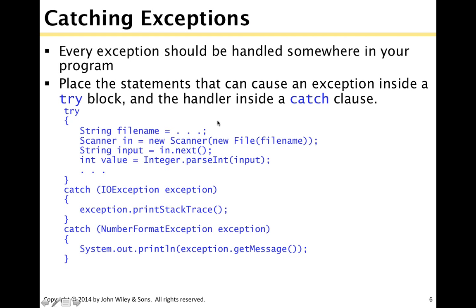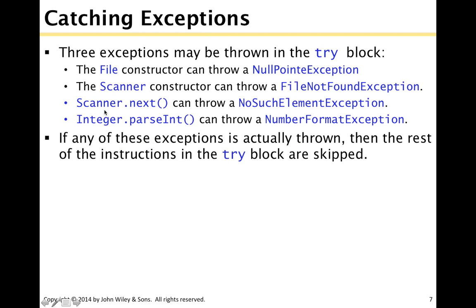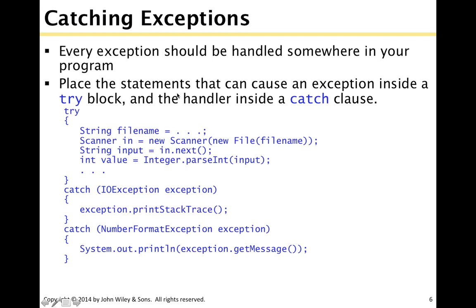So how do you catch an exception? Using a try and catch block. The try block specifies the program to be executed, and if one of the statements throws an exception, then one of the catch blocks will be invoked.